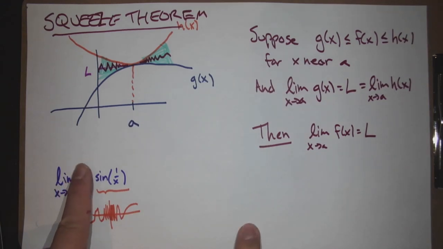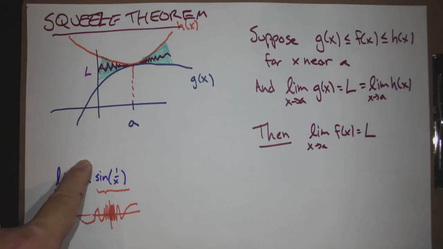So just the sine 1 over x, if you just had that, there is no limit. Because it doesn't go to one thing. It's bouncing up and down. But now we've added an x. So how does adding that x help us?